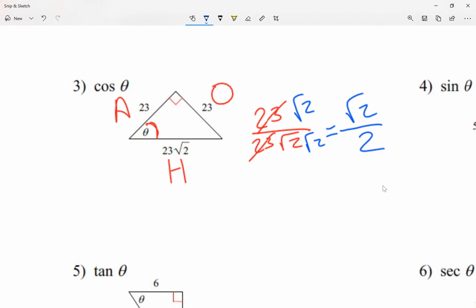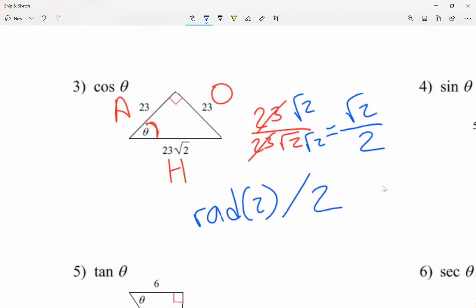Now typing it, I'm going to write radical 2 over 2. Notice I'm using the backslash for a fraction. Anything before the backslash is what goes on the top. Everything after the backslash is what's at the bottom.